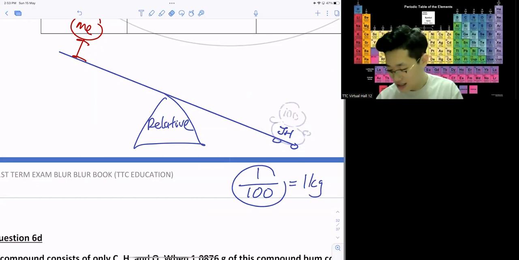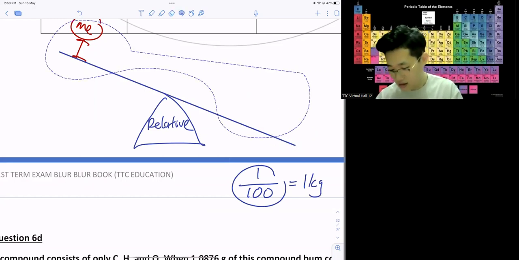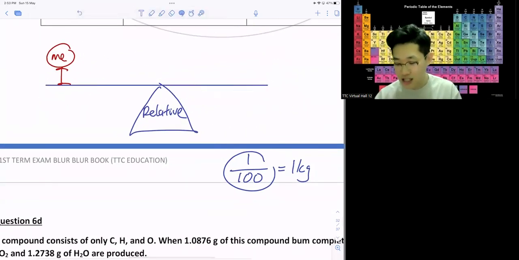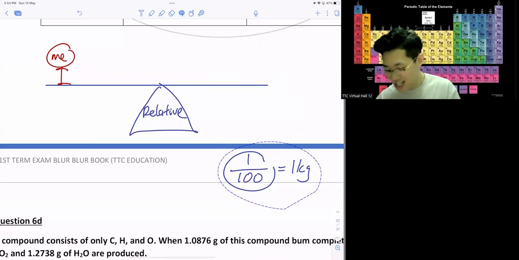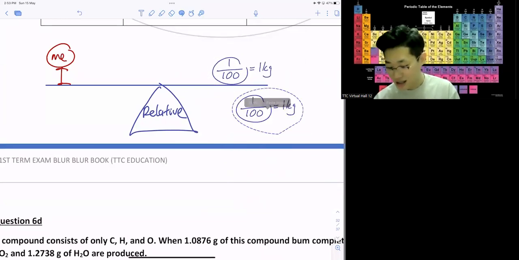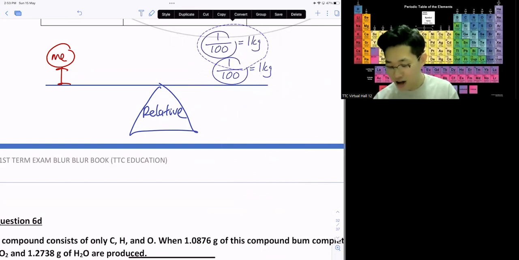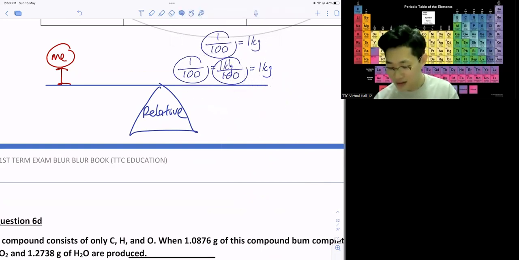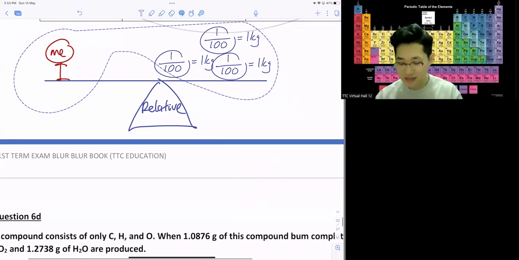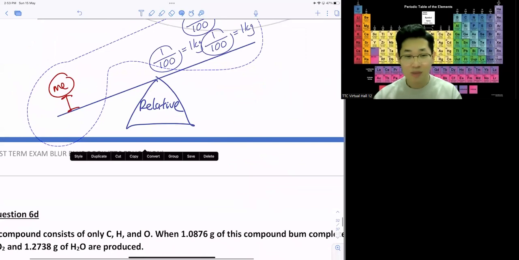Then I start putting his 1 kg pieces on the other side until this thing gets balanced. So at first it's not balanced. My side is heavier. So I put the 1 kg, 1 kg, 1 kg.